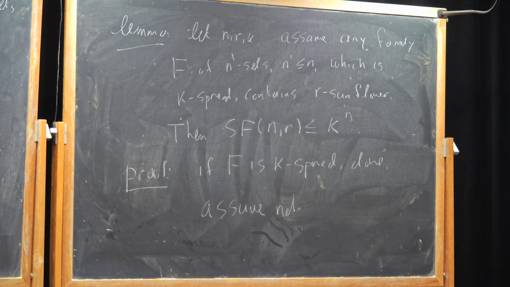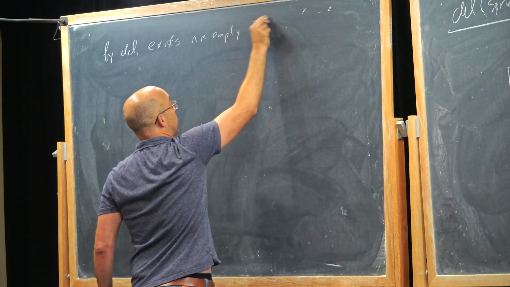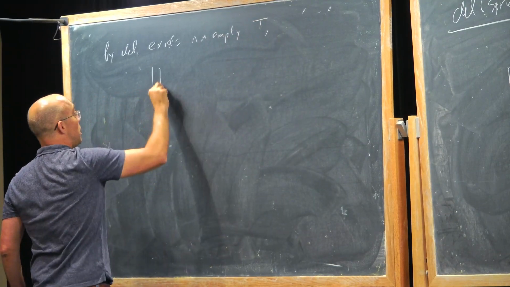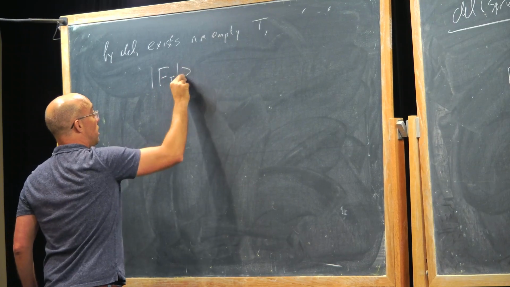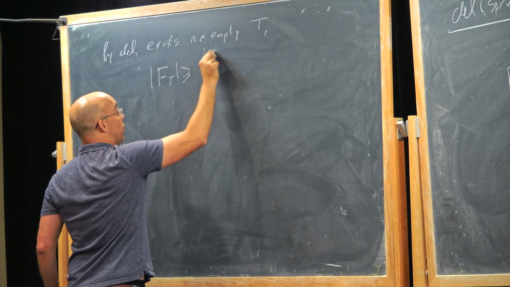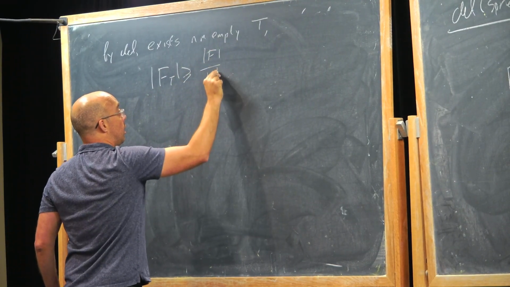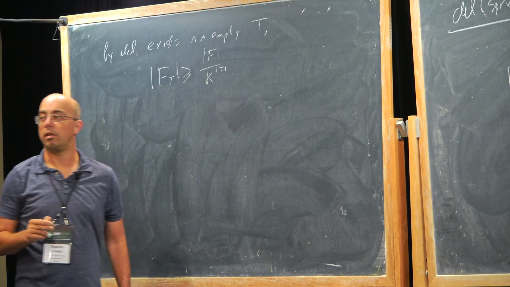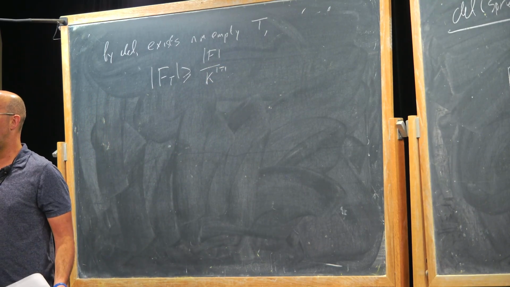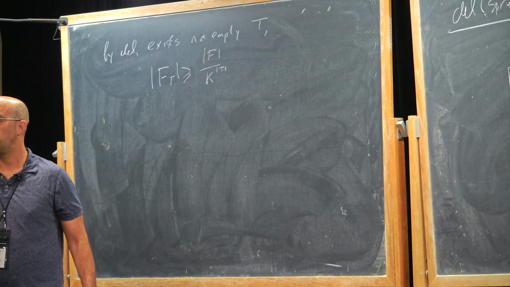So if the family is not K-spread, by definition, there exists a non-empty set T such that this link is pretty big. F_T is at least the size of F over K to the |T|. This is not being K-spread, right? You have a large link.